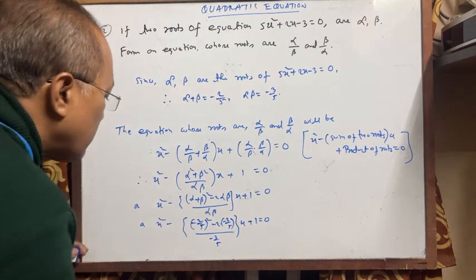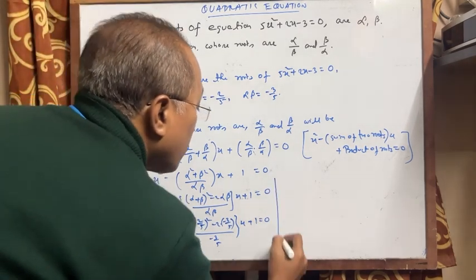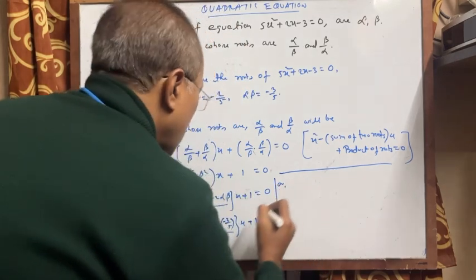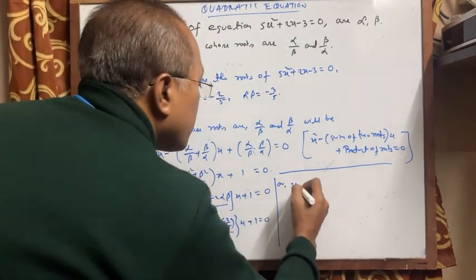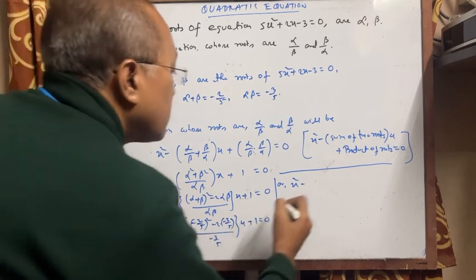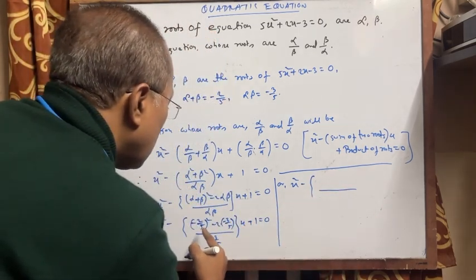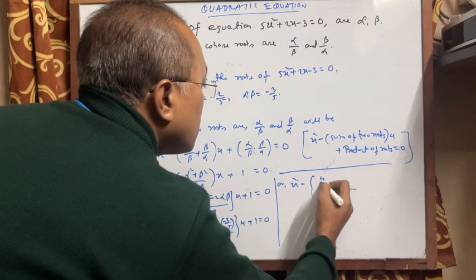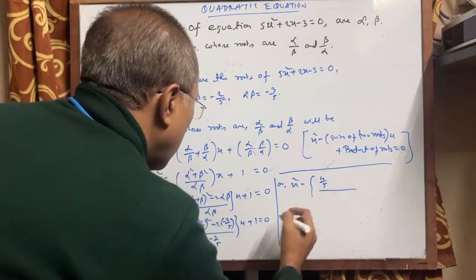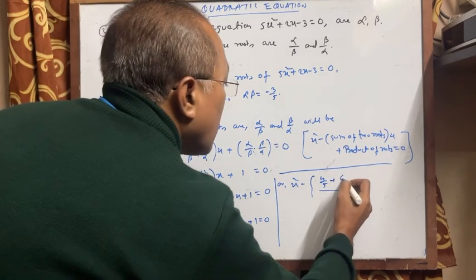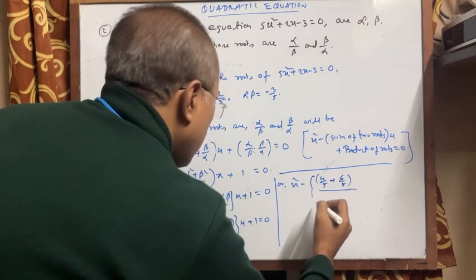After calculation, it will be coming like, x square minus 4 by 5 plus 6 by 5.